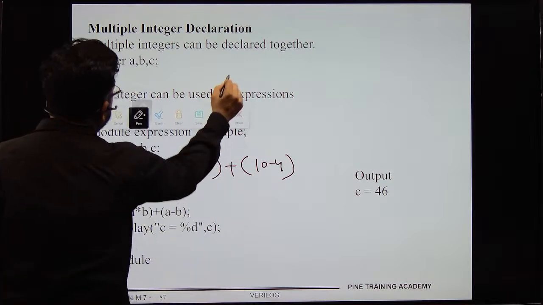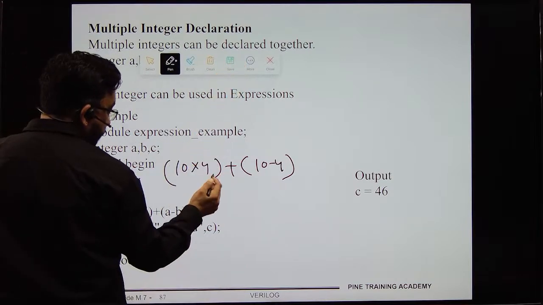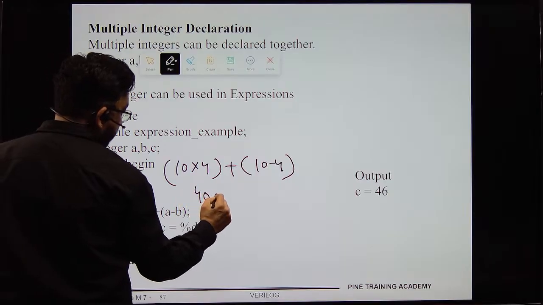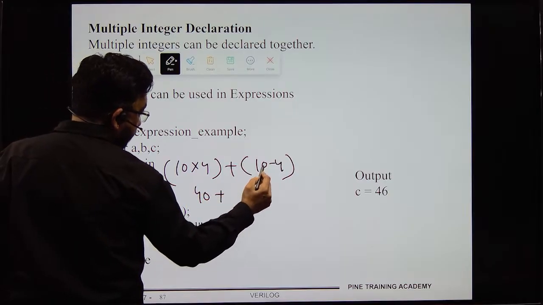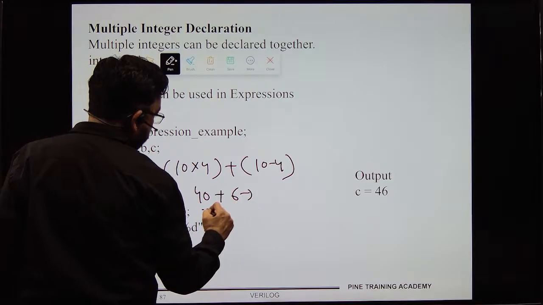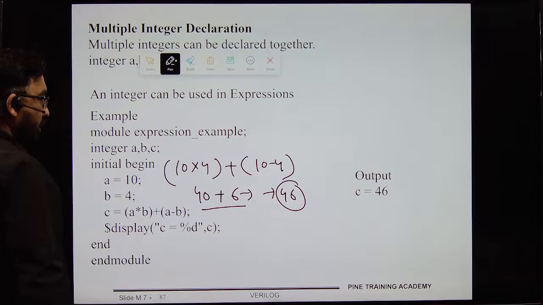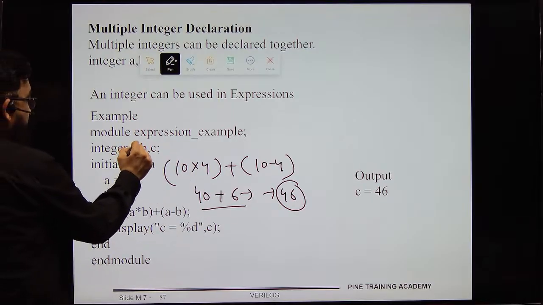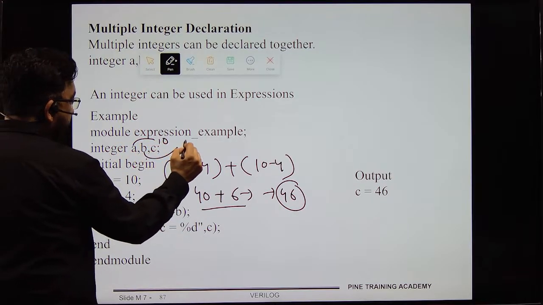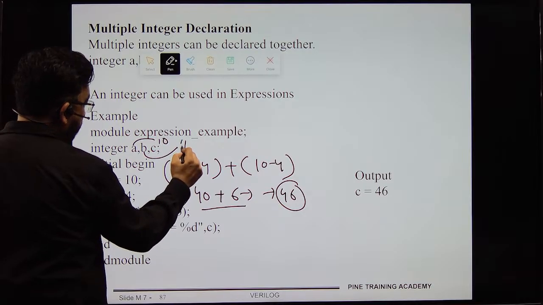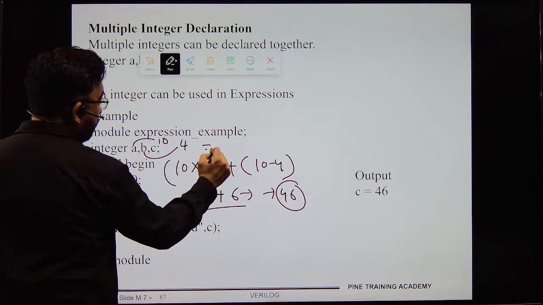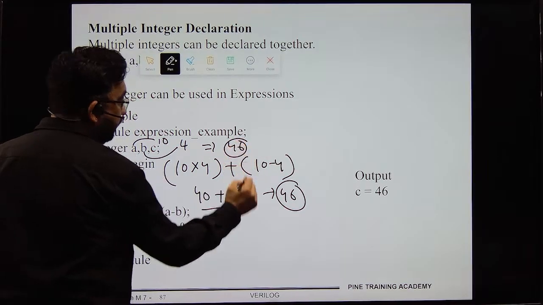So this is 40 plus 6, 10 minus 4 is 6. So this is 46. Here basically A is used for 10, B is used for 4, and C is used for the output, that is 46.